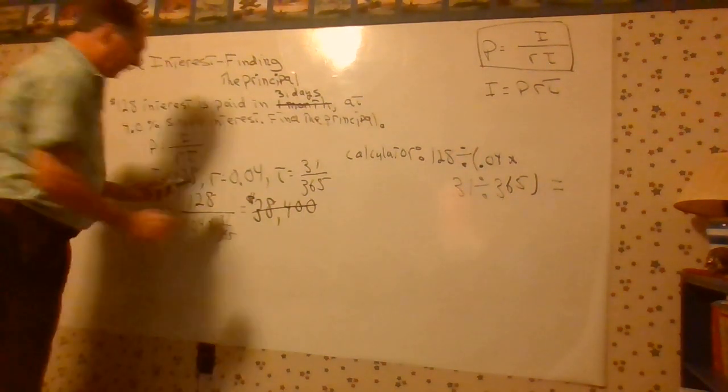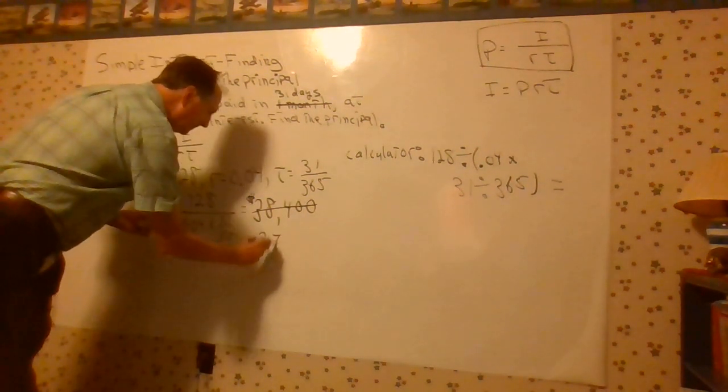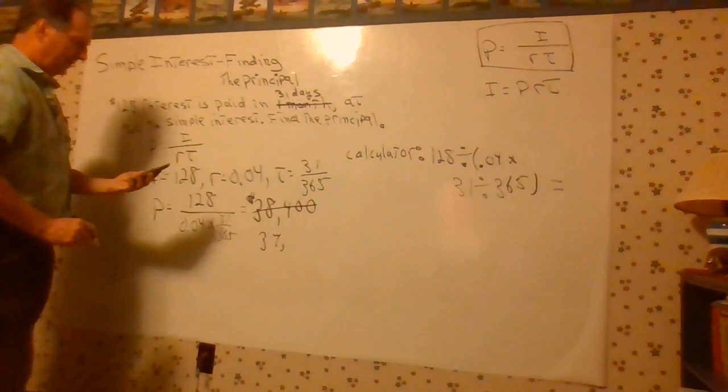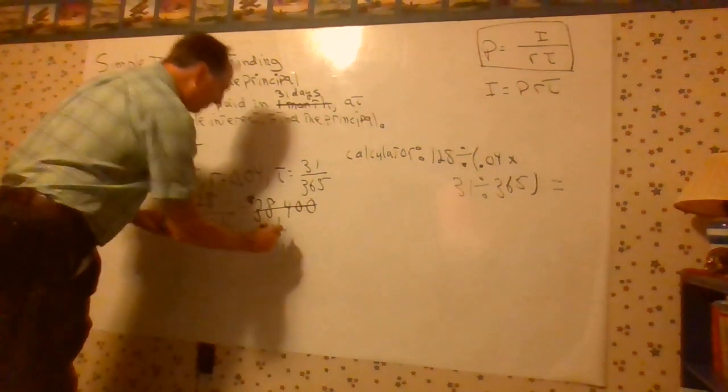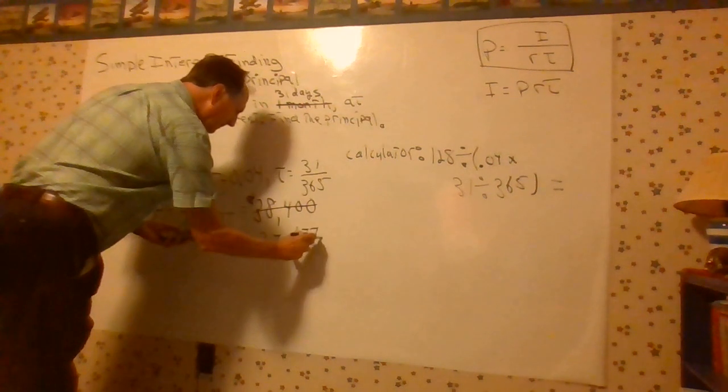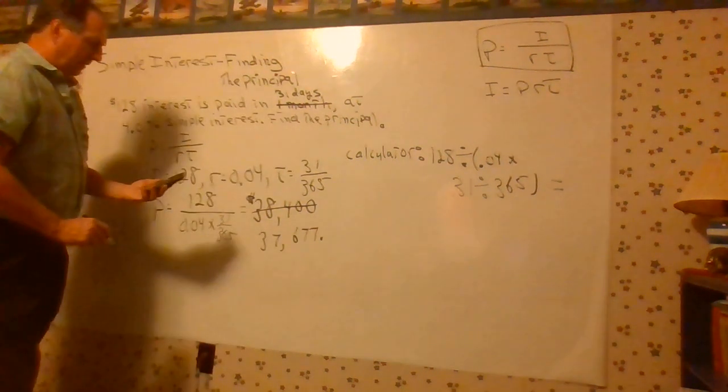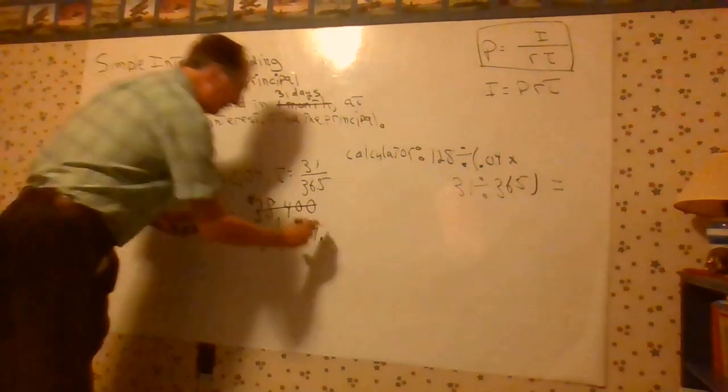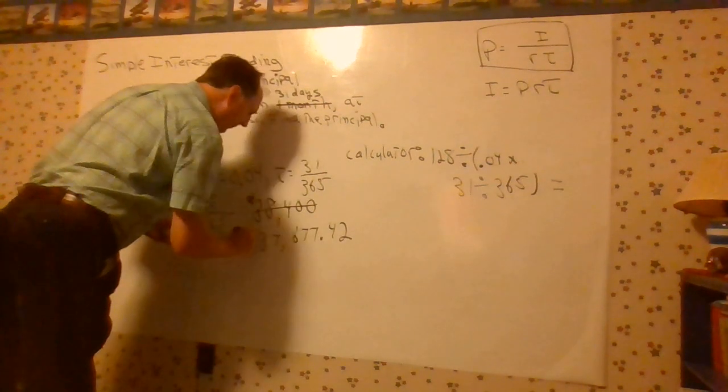Let's cross that out. I have 37,677.42 rounded.